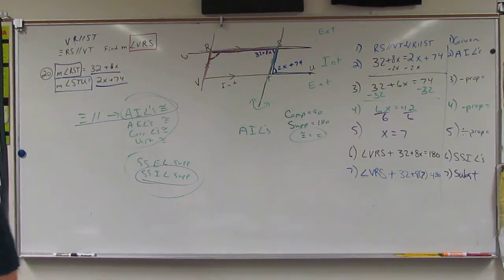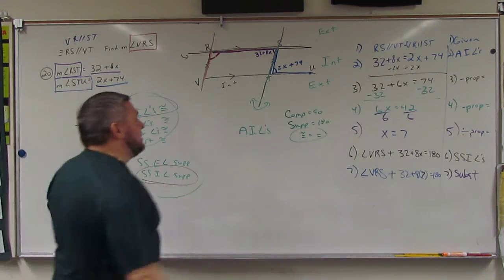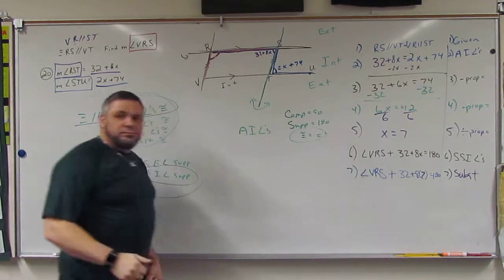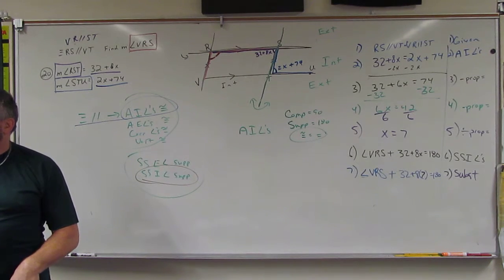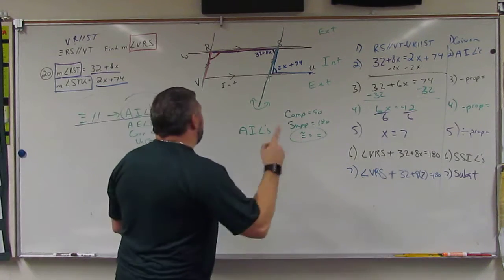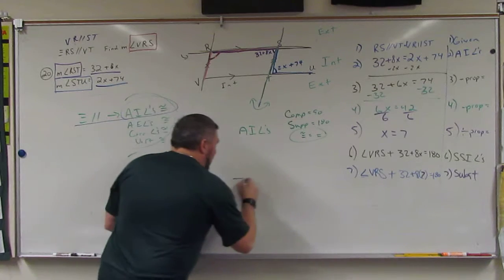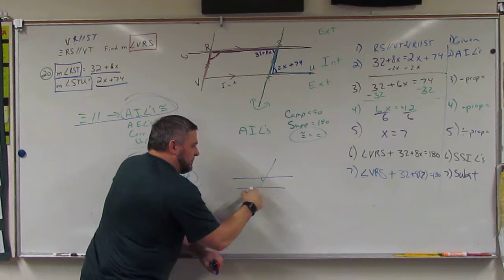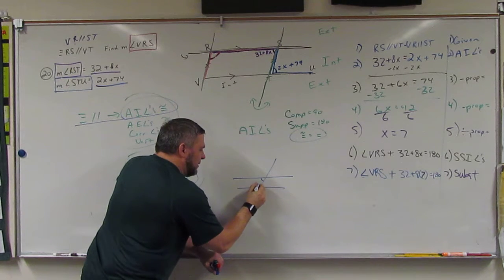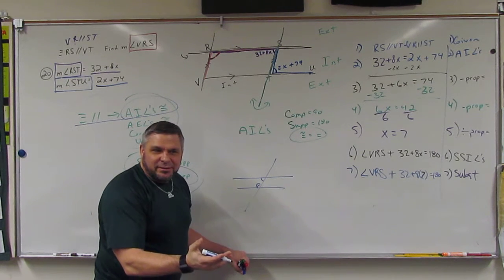This ain't that bad, right? This part's not bad. Knowing that it's 180, knowing that the other part was congruent, that's the hard part, right? But once you see it, you're like, hey, okay. It's not that bad. Okay? Just think. This is small, this is big, right?